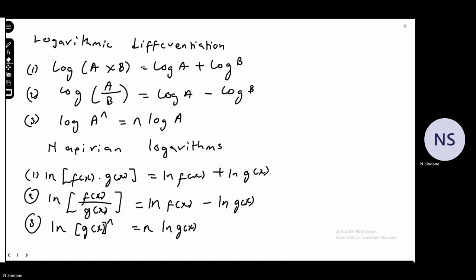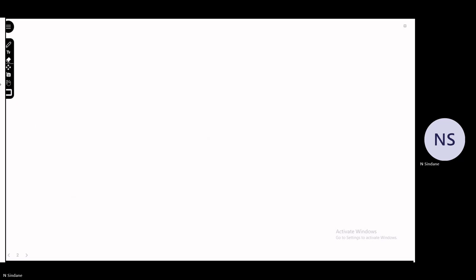Then say you're given something like y is equal to f of x multiplied by g of x divided by h of x.